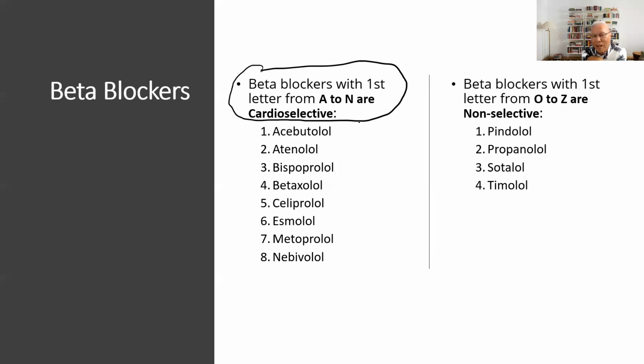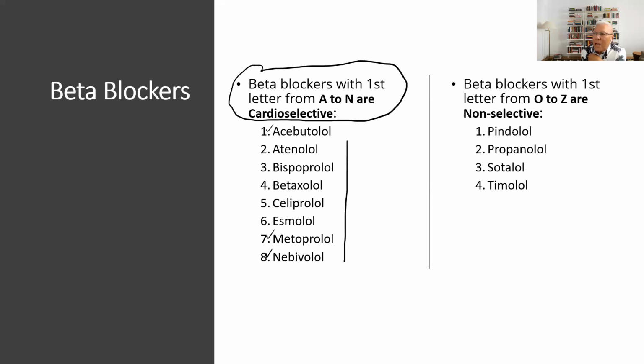Please remember that. So acebutolol all the way to metoprolol and nebivolol are beta blockers that are cardioselective. When I say cardioselective, they only block beta-1, not beta-2. So these drugs, therefore, are going to be safe for patients who have history of COPD or other lung disease.